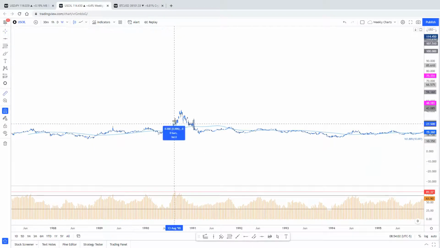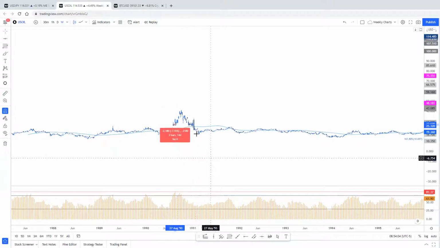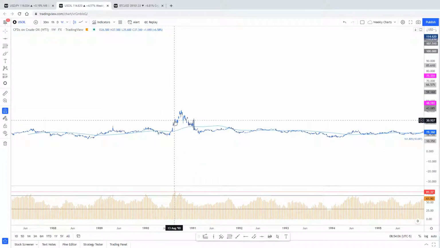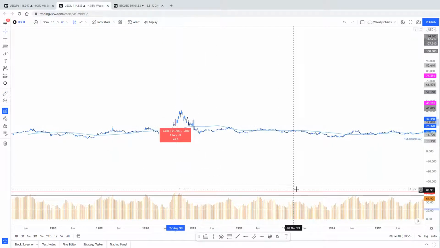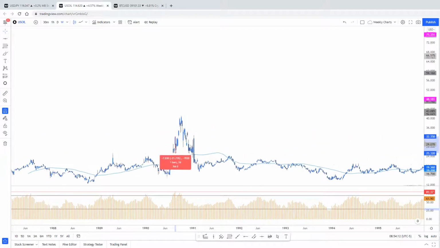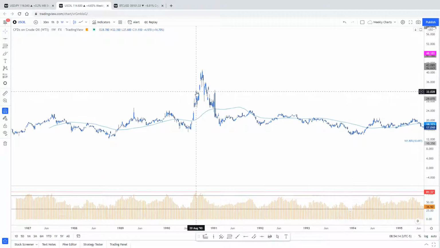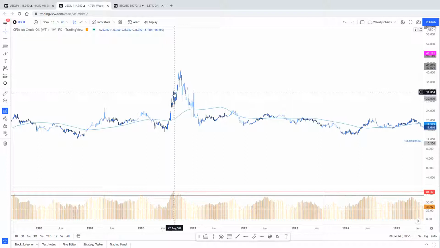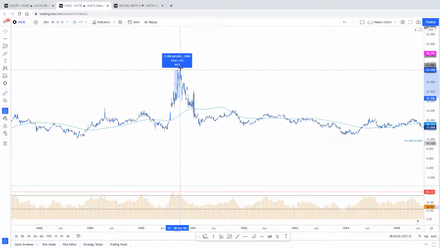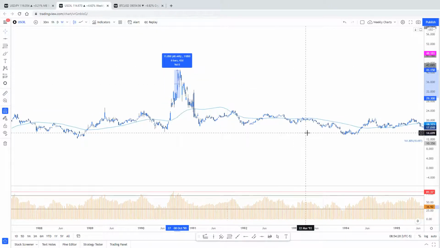In fact, the pullback was more than 21% off that high before we pulled back to register another high 7 weeks later. That high 7 weeks later measured up to a move of another 40%.